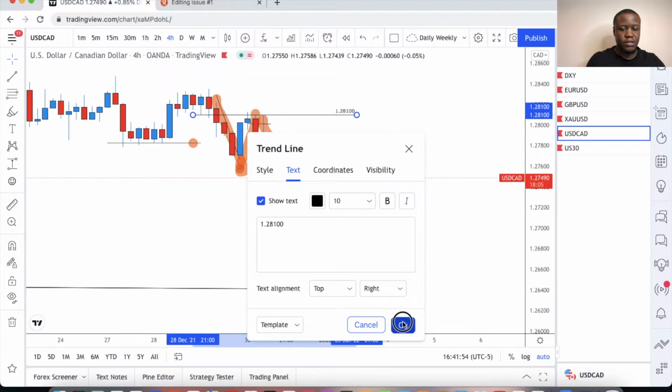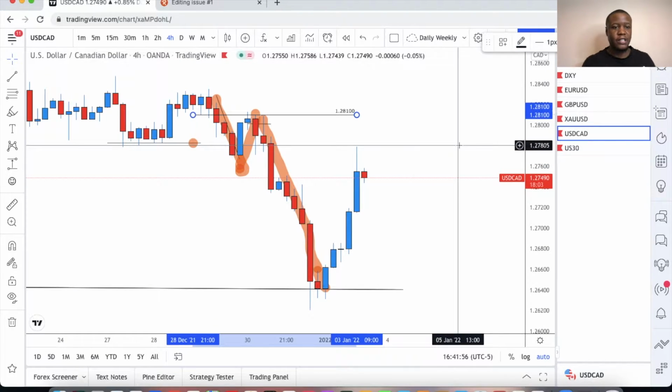That is your 4-hour key level and also where you're going to enter this trade.